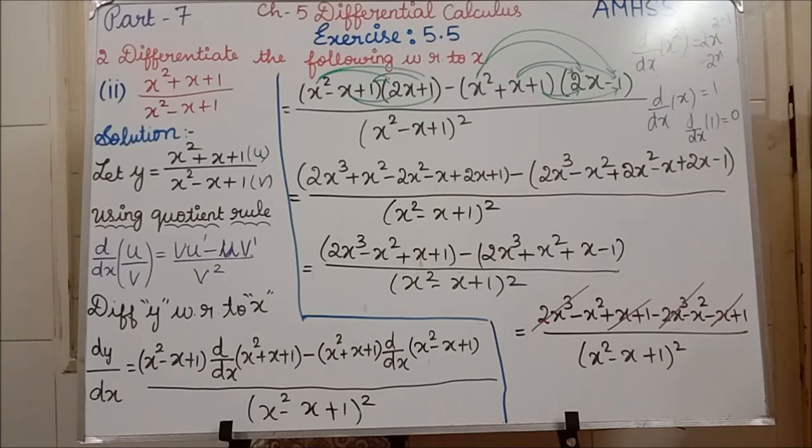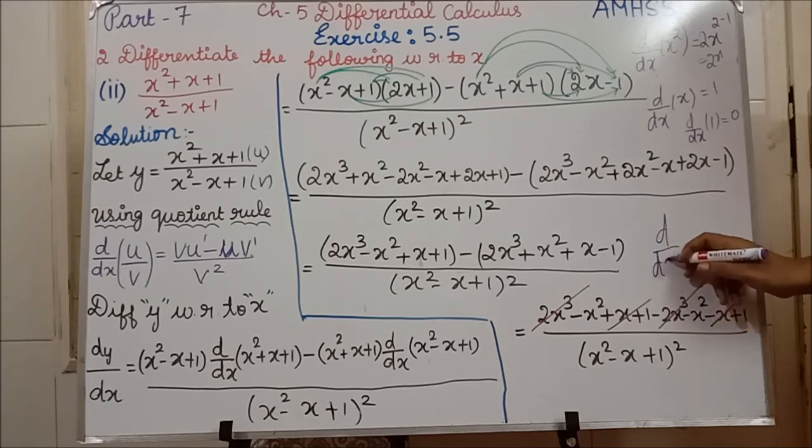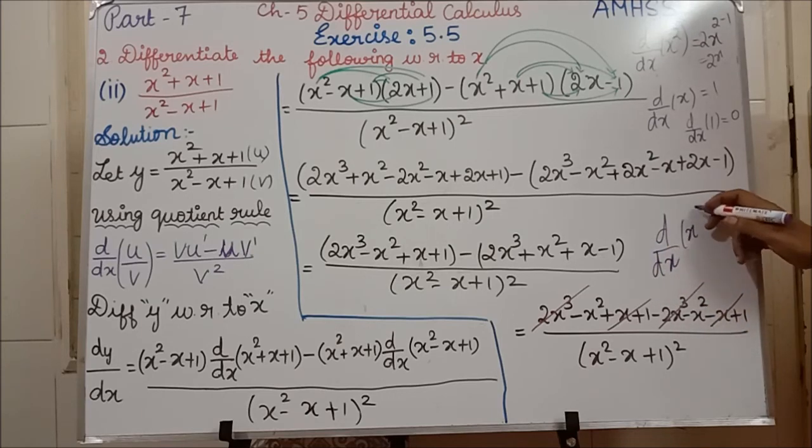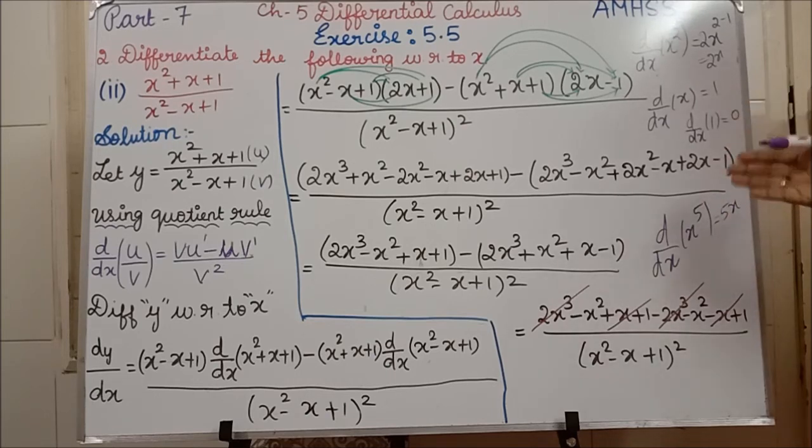Clear, students? If I say, for example, what is the differentiation of x power 5, immediately what you have to say as the answer? The 5 will come to the front, then the power of x will reduce, which means 4.